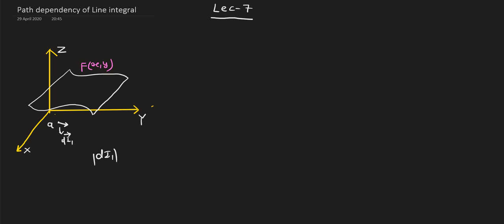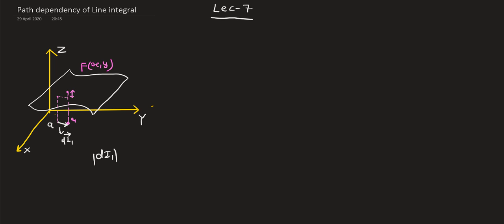If I want to find the change in this f(x,y) surface, let's say from point A the height of this surface is at this point, and at this point the height would be like this. This is some point A1.